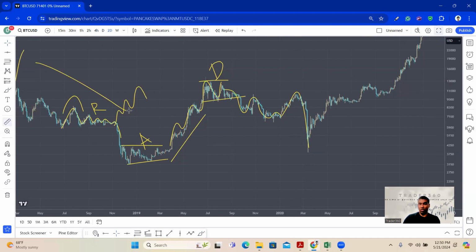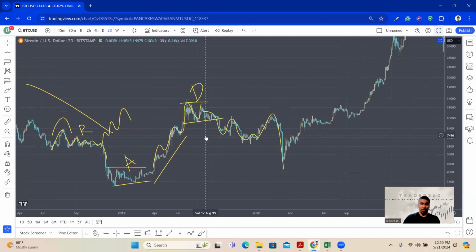So this was a Corona dump, when Corona started in February 2020, and this dump alone was around 60% down. The prices came down around 60%. So this was the Corona dump.